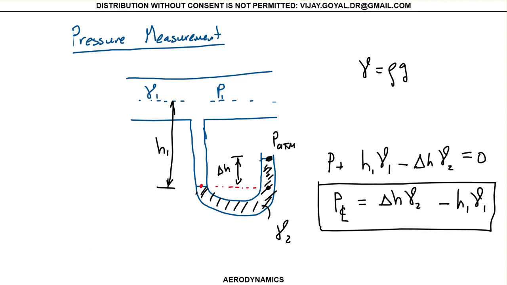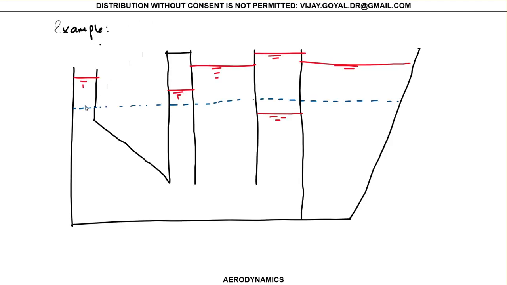Let me give you an example of how this could possibly work. Consider the following case. Let's suppose this is point A, point B, point C, point D, and point E. Maybe this would be a different color. This is a different fluid here. The fluid is different in this section. All of this is exactly the same fluid.